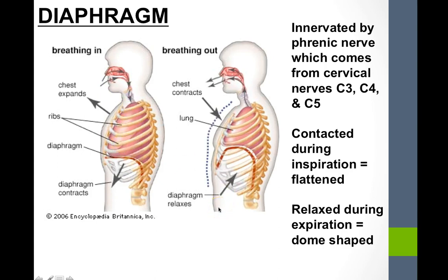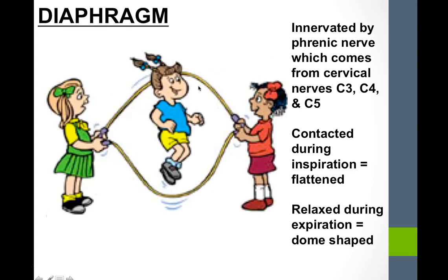Whereas if we are exhaling or going through expiration, your diaphragm is going to relax all those muscle fibers and elongate, and that causes it to have this dome shape. So it pushes against your lungs, and that causes the air to move out of your mouth or nose.